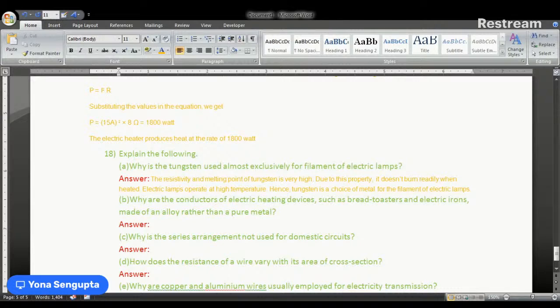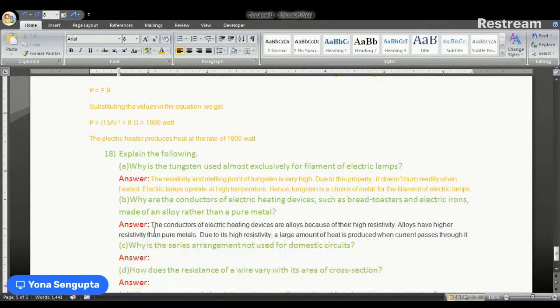The conductors of electric heating devices are alloys because of their high resistivity, and alloys have a higher resistivity than pure metals. Due to its high resistivity, a large amount of heat is produced when current passes through it. The answer is here.